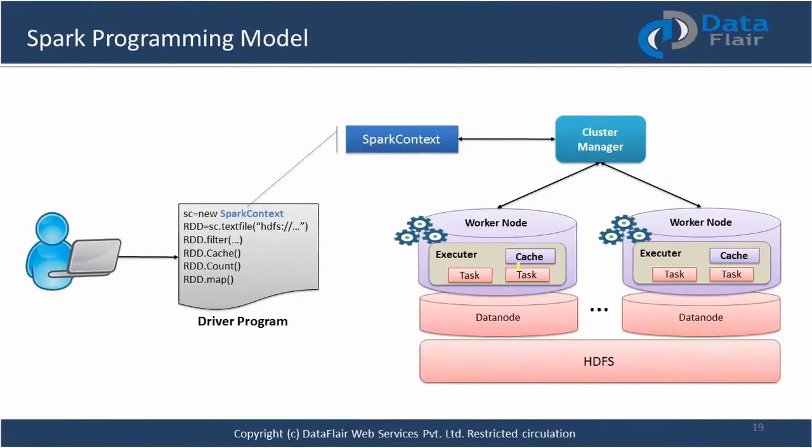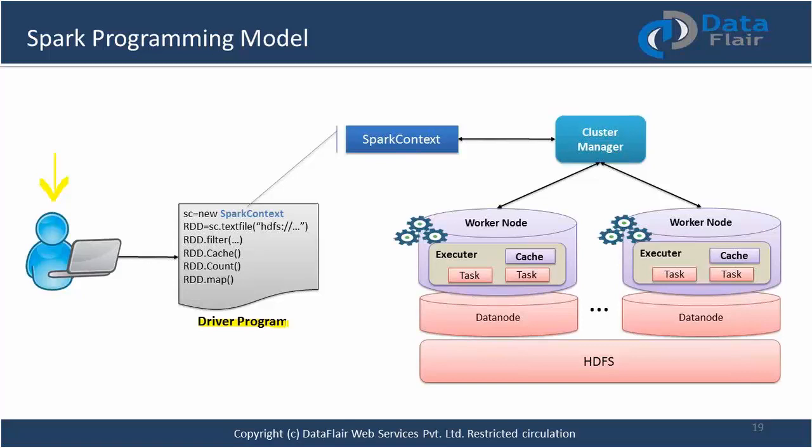Spark programming model. This is a little important slide, guys. Understand this carefully. The programmer, the developer, develops the Spark application. He will develop firstly the driver program. What is the driver program? Can anyone tell me?